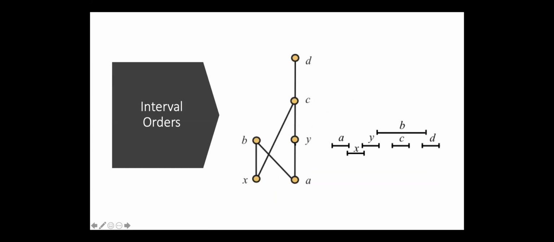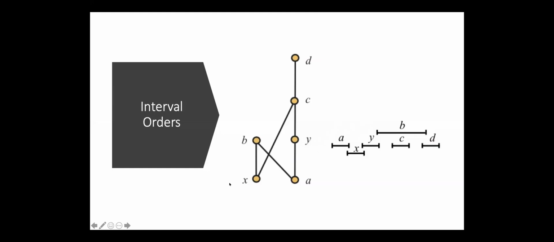You'll see we have this comparability arc in between A and Y, meaning that whatever relation we're using here, A is related to Y. If you look over here at the interval representation, you can see that the interval for Y is completely to the right of the interval for A. And so that is how, if you were given this interval representation, you could tell by the fact that these 2 intervals don't intersect that Y should be related to A in your poset diagram.